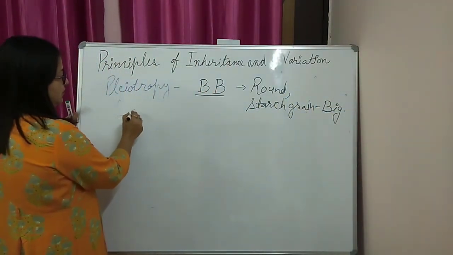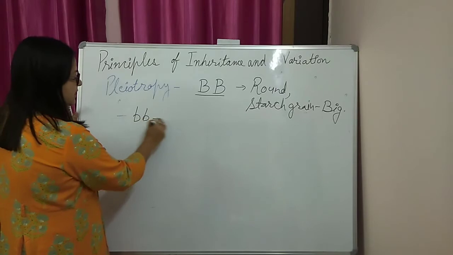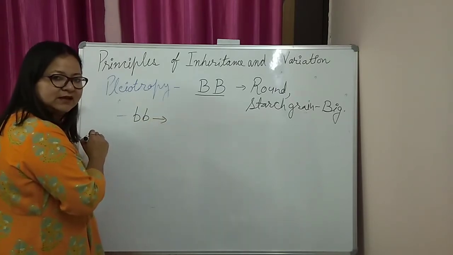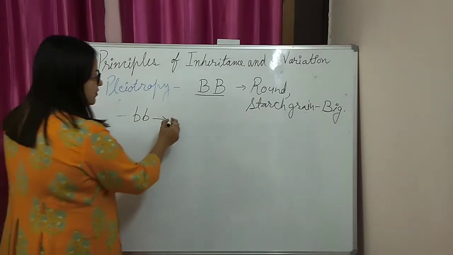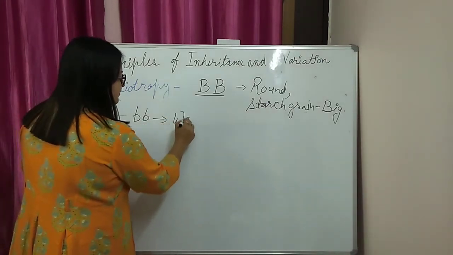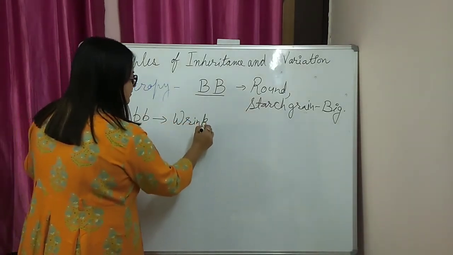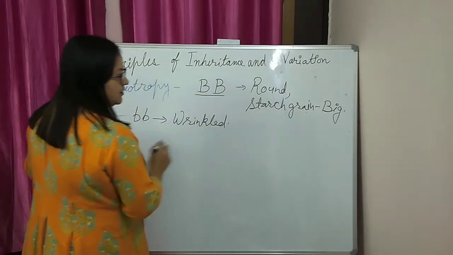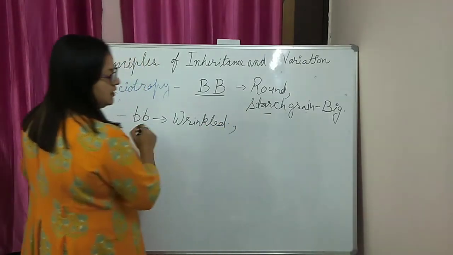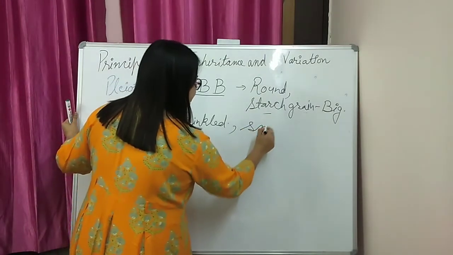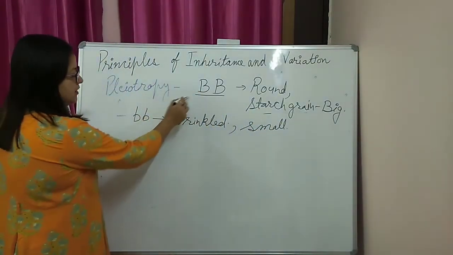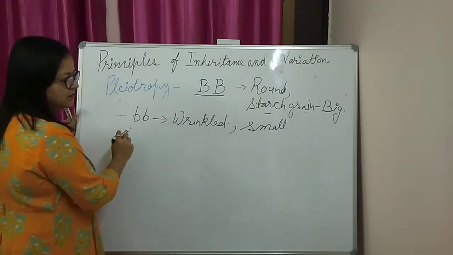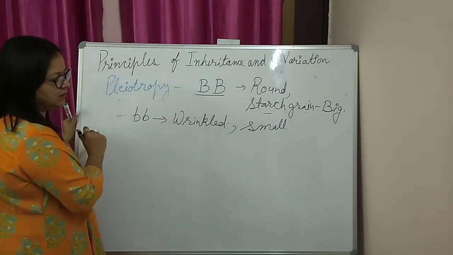If we talk about small b, both alleles are recessive, then it produces wrinkled seeds and the starch grain size is small. So this is a single gene that is responsible for the two phenotypic expressions.